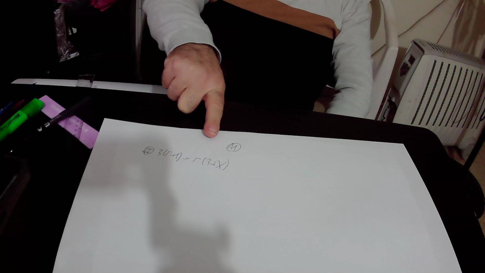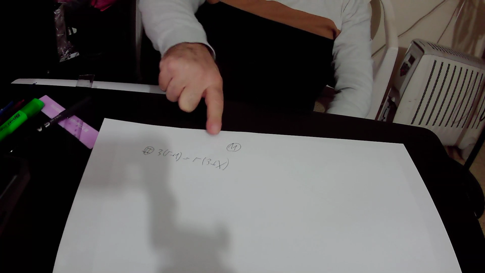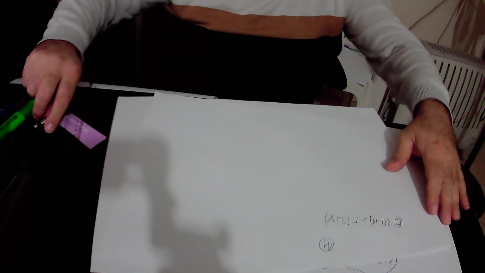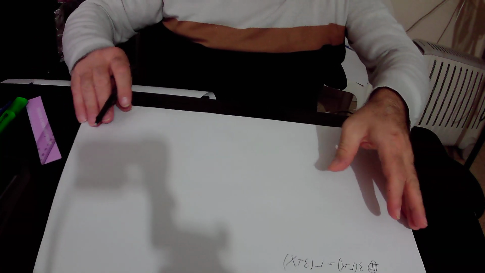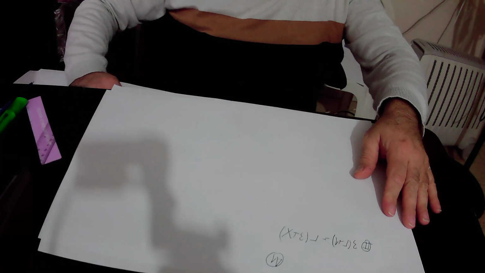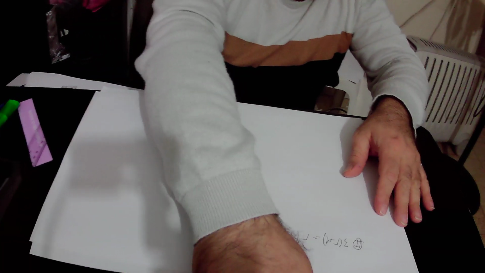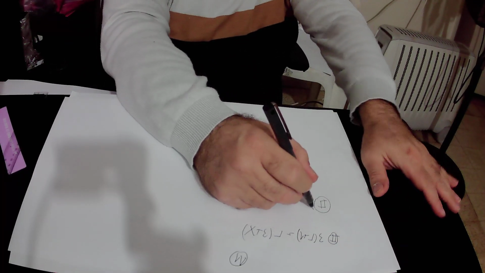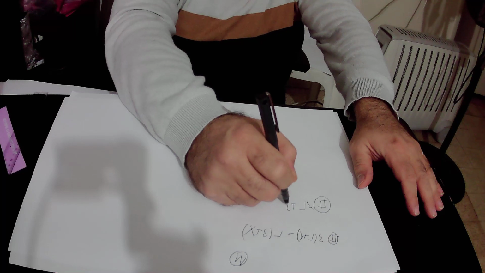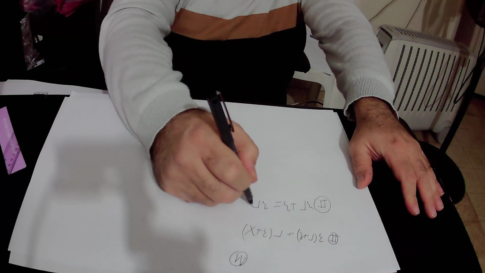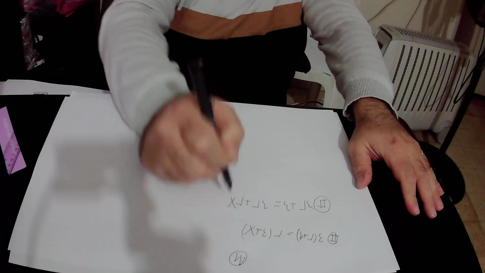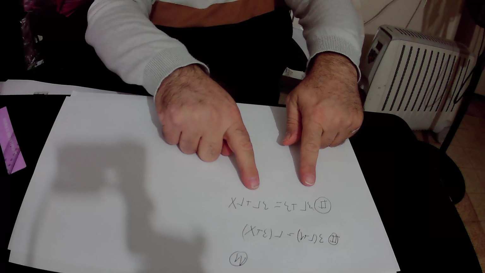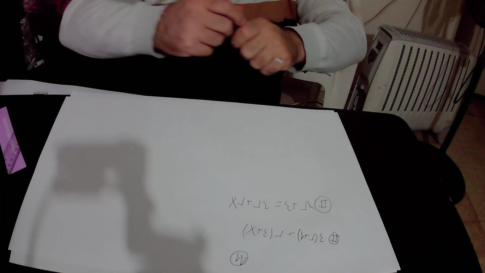Here we will open the brackets on both sides of equation number 2, and we get that 3 times R plus 3 equals 3 times R plus R times X. Here we have 3R on both sides of the equation, so 3R will get cancelled.